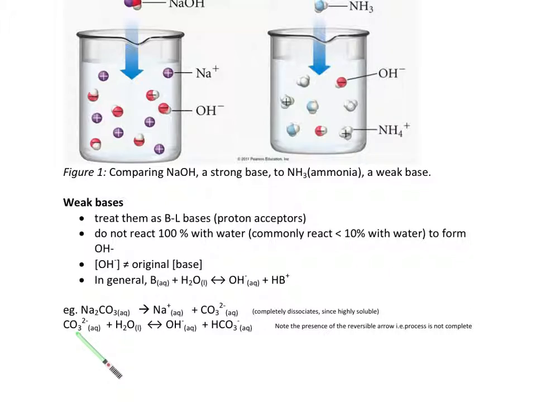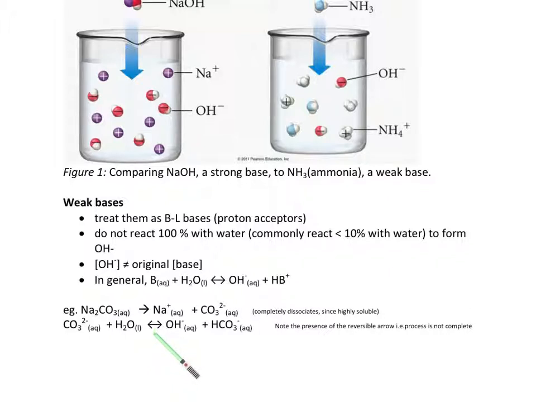One of the reasons we learned that this might be a good candidate to accept protons is because it's negatively charged. And so this CO3 2- is a good acceptor of protons, and it accepts those protons from water to produce OH- and HCO3-, but it doesn't do so completely. And that is true for all weak bases.